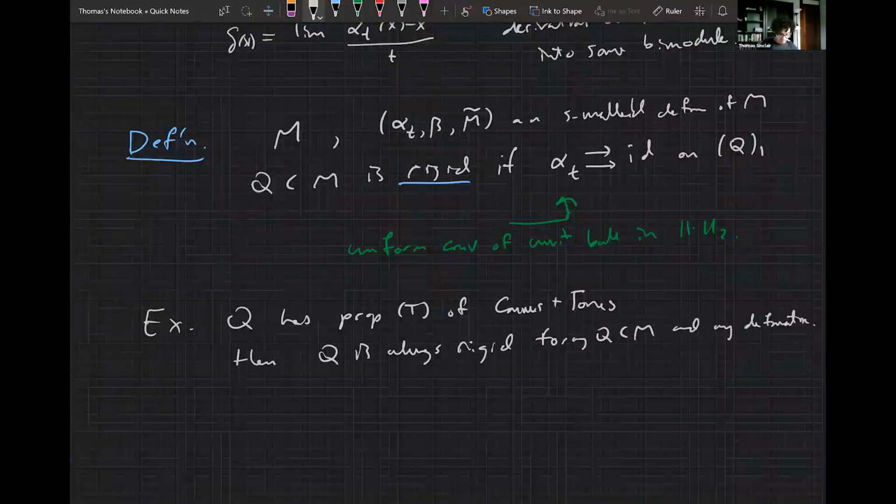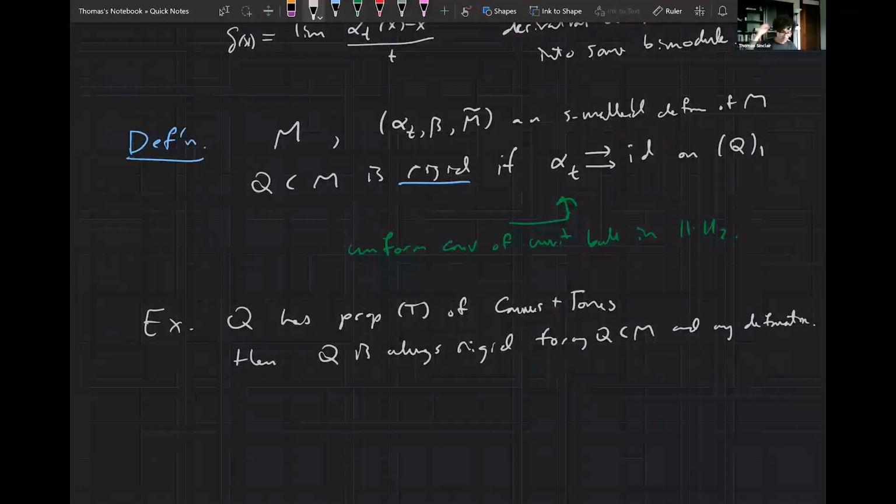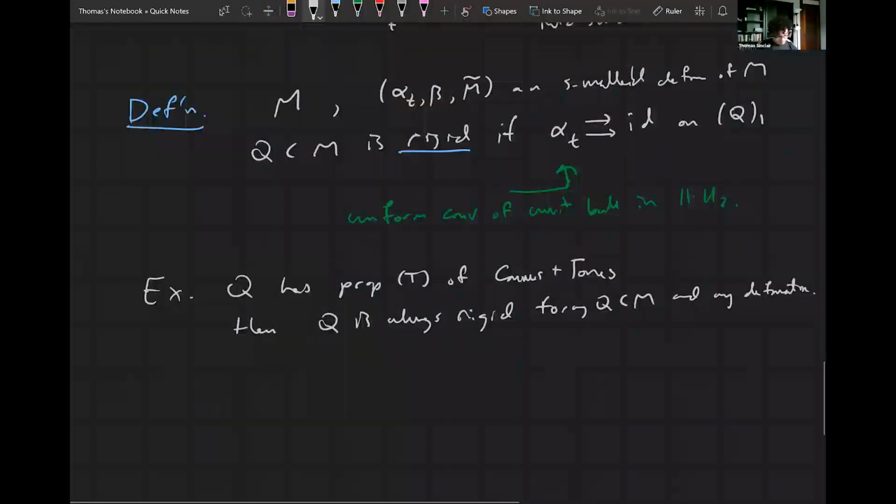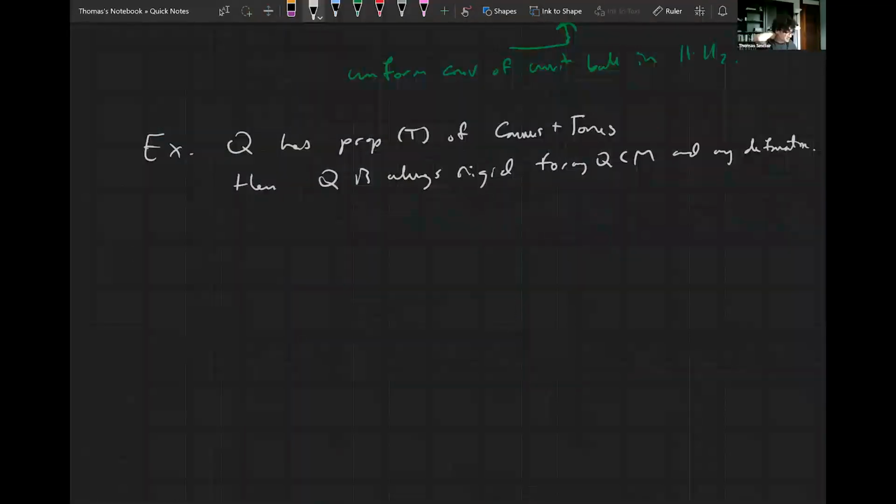In fact, you can take that as a definition of property T for a von Neumann algebra.